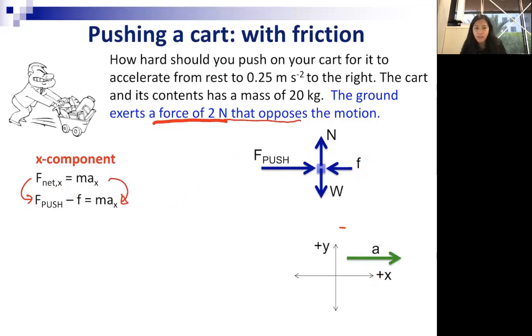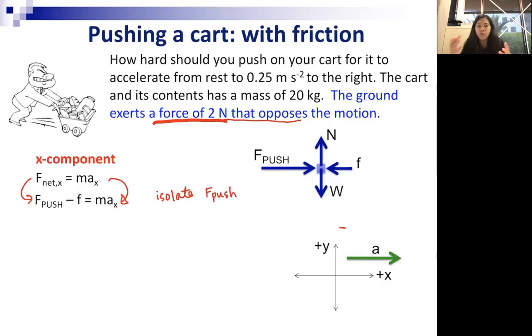All right, it's still the acceleration that we want to find, right? It's how hard you want to push, so it's still the push force that you want to find. So you need to rearrange this equation to isolate F push. That means you need to get rid of this minus F friction in F push minus F friction equals m a_x.